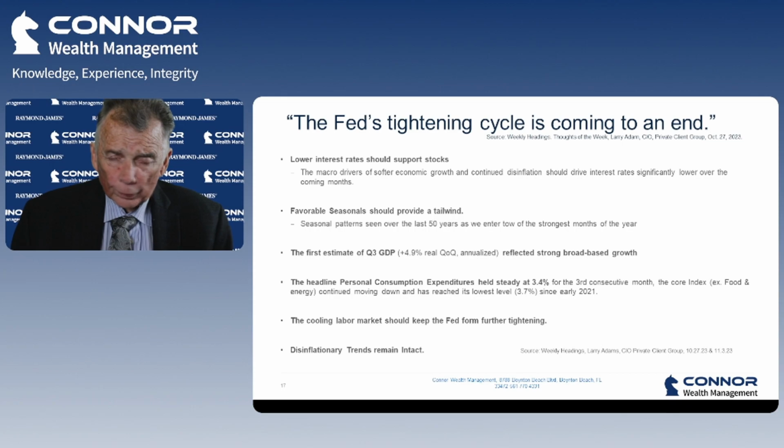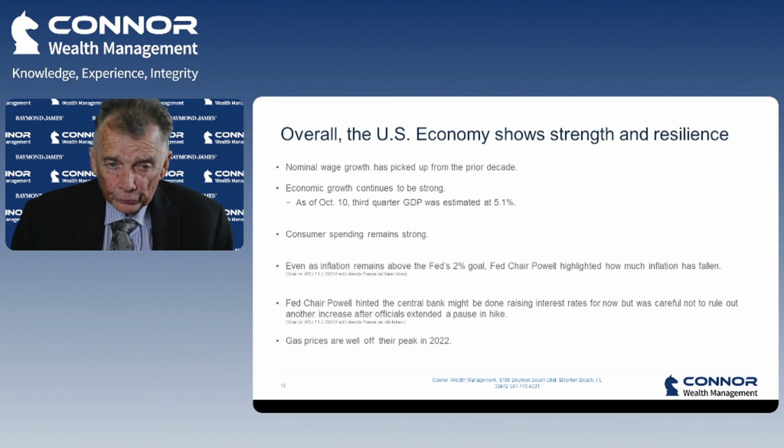We're not going to go to the lower prices we had before all this, but the rate of inflation has slowed down. The Fed wants to get it to 2 to 3%. Depending on who you talk to now, it's somewhere between 3 to 4%. Our economy shows strength and resilience. Wage growth is good. Economic growth remains good.